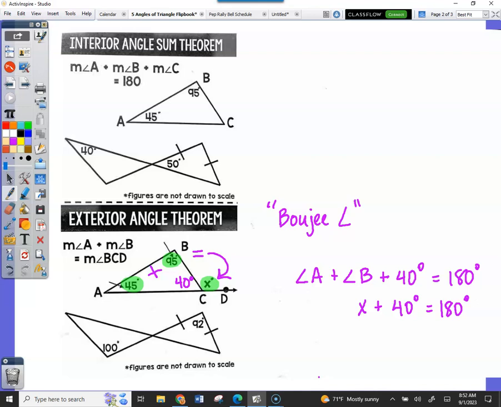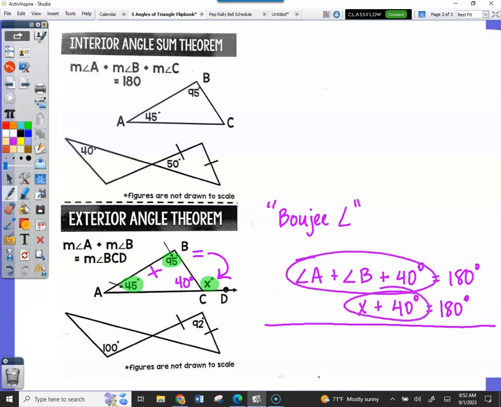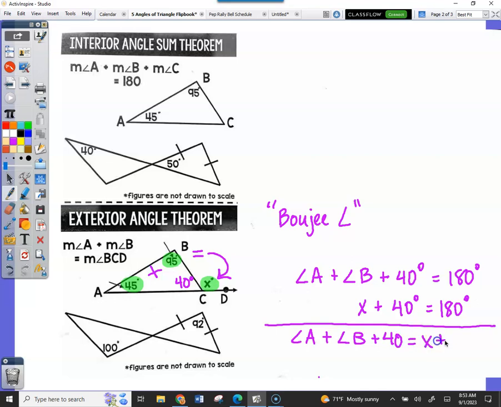With me? So, do you recall something called substitution? Learned it in Algebra 1. Where you're saying, if x plus 40 equals 180, and a plus b plus 40 equals 180, then does this equal this? They're both 180, right? All right, so watch. I can set them equal to each other. Notice I just set them equal to each other.